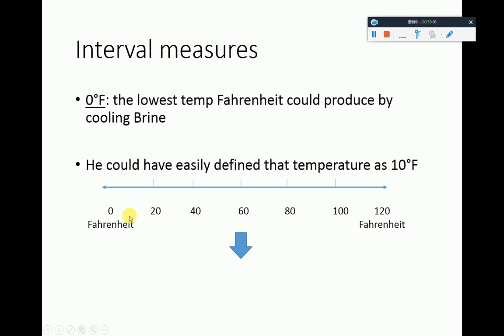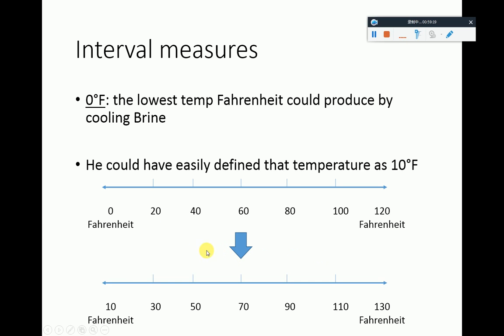In other words, instead of having 0 here, we replace 0 with 10. Then what else should we change? All right? That means we'll simply add 10 to each of these values. 10 will become 0. We add 10 to 20, will become 30. We add 10 to 40, becomes 50. And we add 120, we get 130.